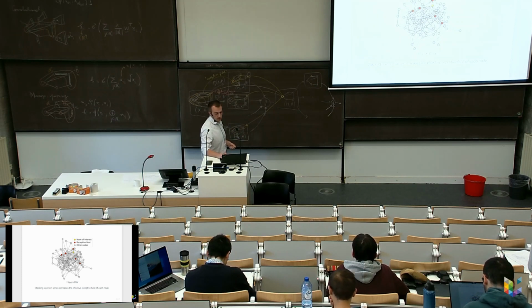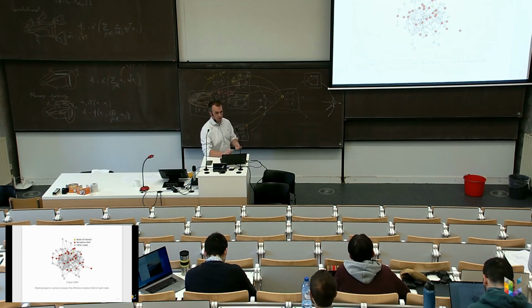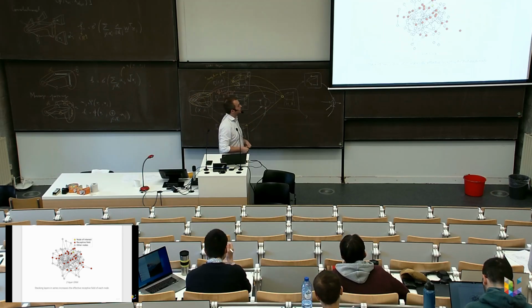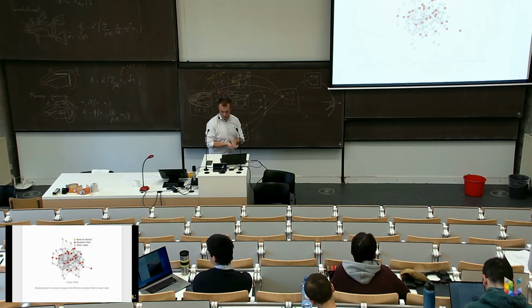But now if we compose another layer in series, then the vector associated to the yellow node would be a function of the immediate neighbors of that node and of the immediate neighbors of the immediate neighbors.